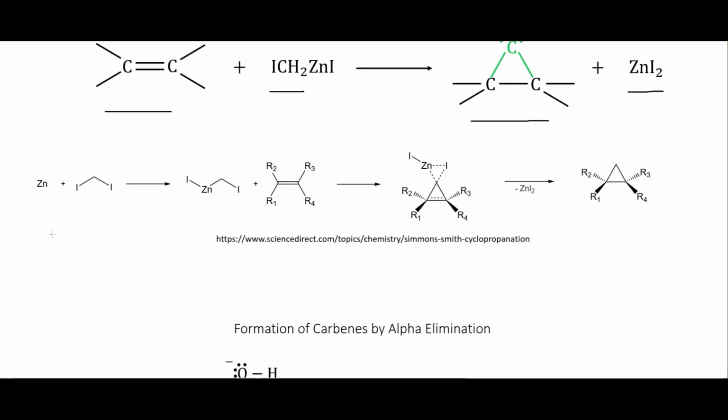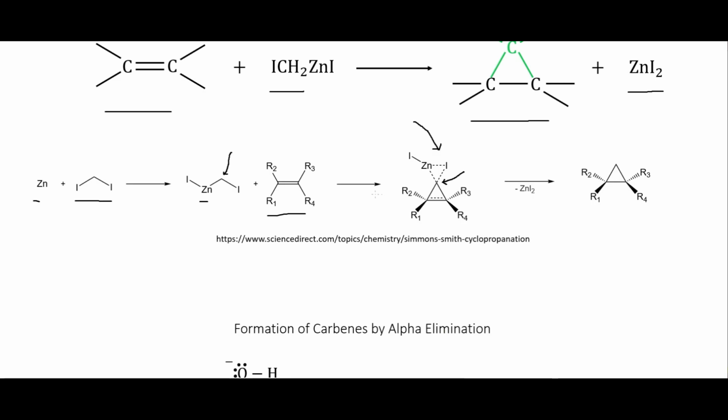If we look a little closer at this mechanism, we have the zinc plus this right here, which has a carbon in between these two iodines. We end up getting this zinc put in the middle here. And so then we bring in our alkene. We get a transition state that looks like this, where we see this carbon right here is the carbon that was in the middle of our Simmons-Smith reagent.